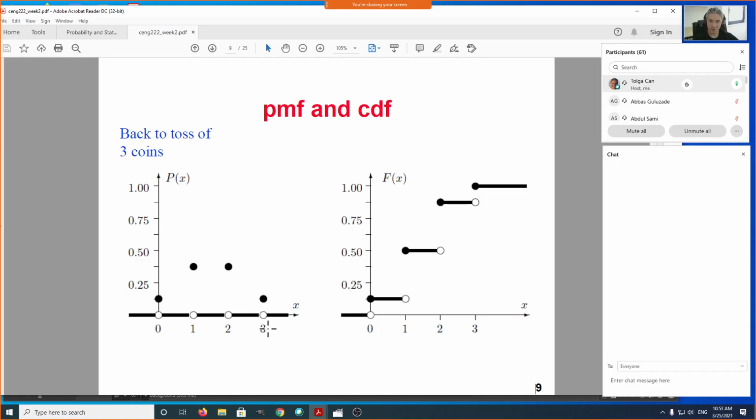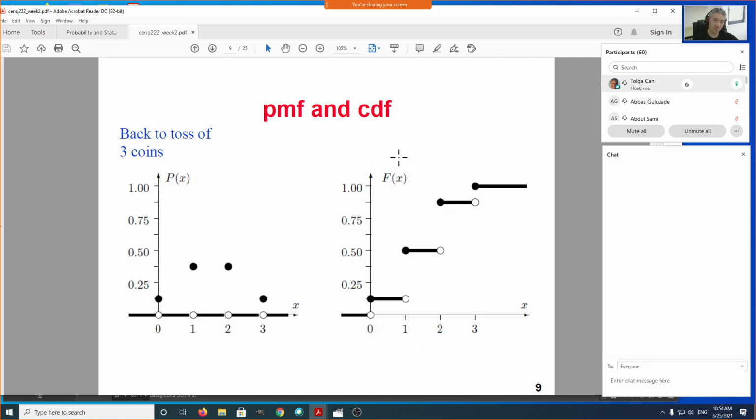Any real valued x is not possible since this is discrete. So we can indicate them as 0 probabilities on the probability mass function, and the points 0, 1, 2, 3 will have non-zero probabilities.